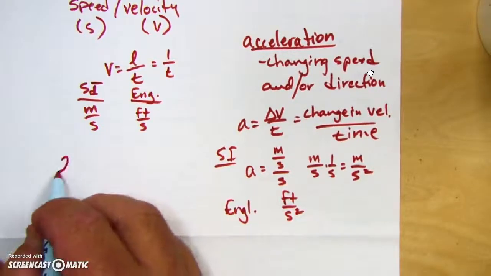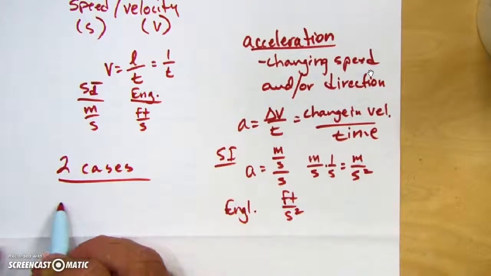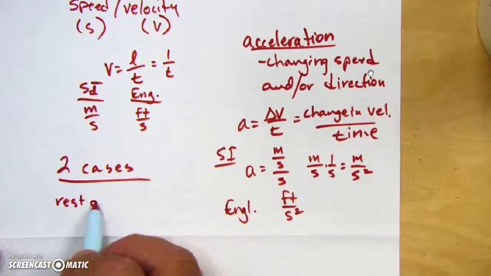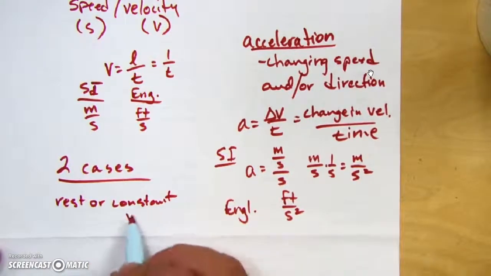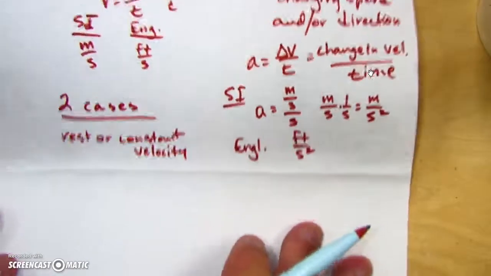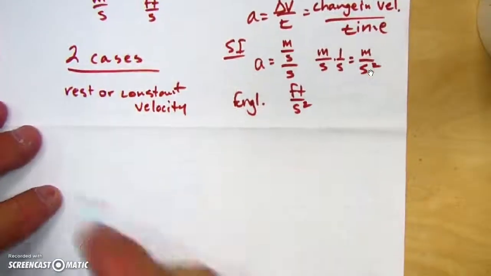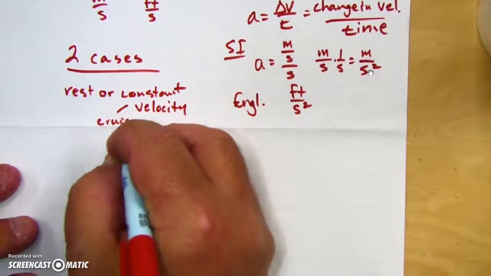Now, there's two cases in the real world that we see all the time. Number one, rest or constant speed. Well, let's say constant velocity. You know what rest is. Constant velocity I could have with cruise control.